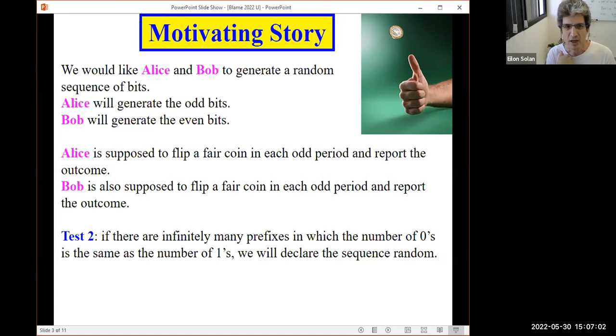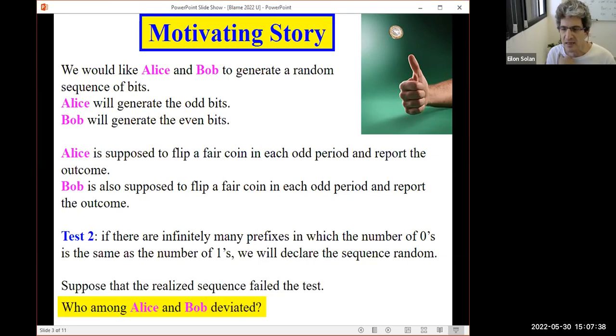Alice and Bob essentially control a random walk: each one is one step to the left, each zero is one step to the right. In a fair random walk, we return to the origin infinitely often. So if Alice and Bob both follow the procedure we ask them to follow, the test should be passed.